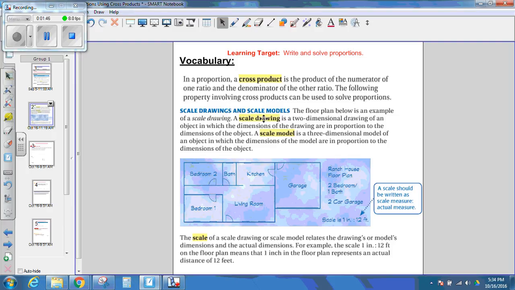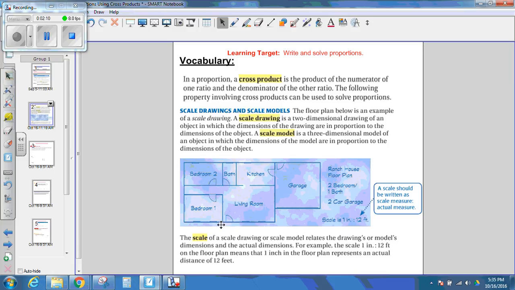Next we have scale drawings and scale models. If any of you are interested in architecture or landscape architecture, this would be something that you would use on a day-to-day basis. A scale drawing is two-dimensional. It's like this floor plan below, and it's drawn to scale, so all the proportions are correct.